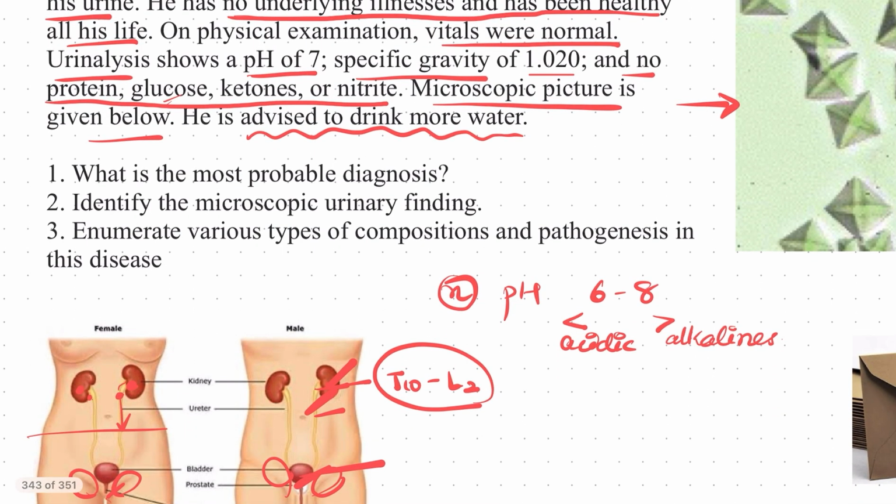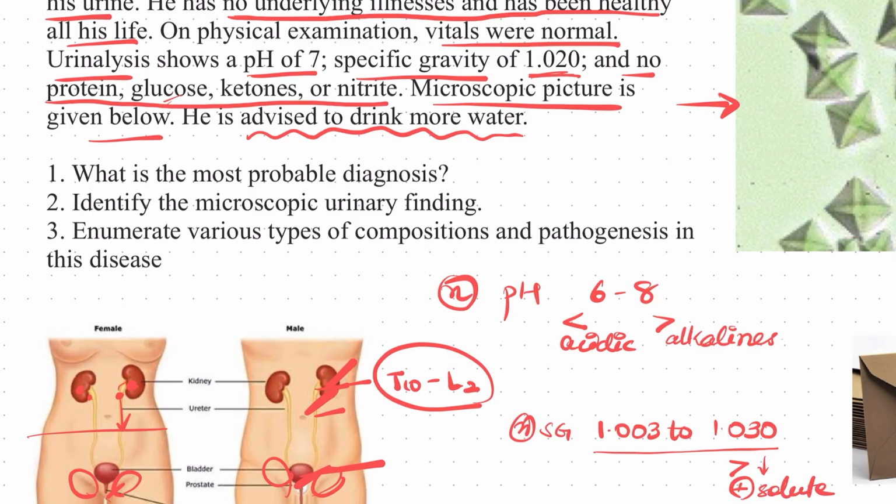Specific gravity is 1.020. The normal specific gravity of urine is between 1.003 to 1.030. So what does this indicate? If it is more than 1.030, it indicates the presence of solutes like proteins, glucose, ketones, electrolytes being leaked out into the urine.